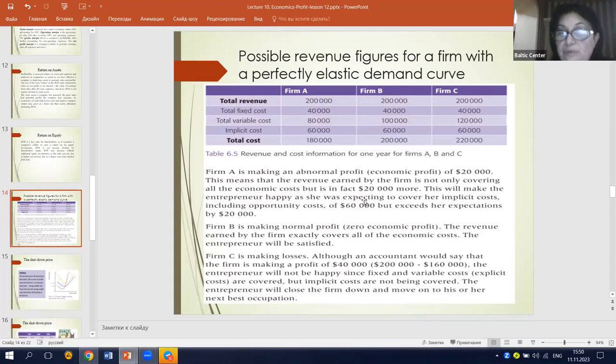То есть они получили, да, вот, скажем, издержки, да, у них были 20, да, получилось, экономические, да, вот эти экономические издержки 20. Но все же предприниматель, он рассчитывал, скажем, да, что 60, скажем, его ожидания были 60 тысяч, но все же получилось, что, значит, чтобы покрыть свои неявные издержки это какие издержки?